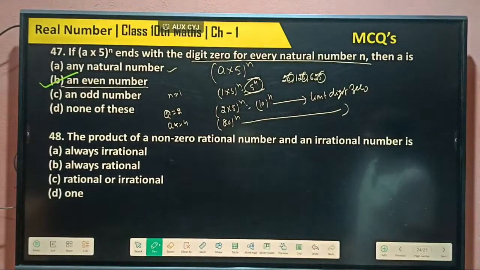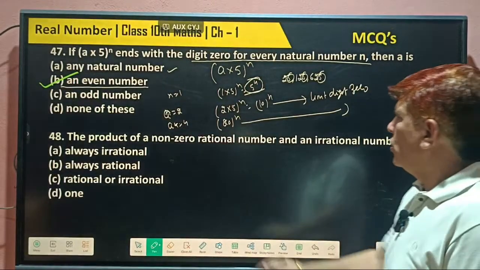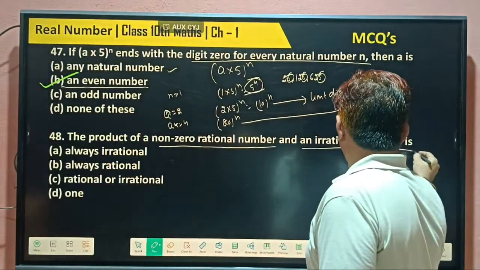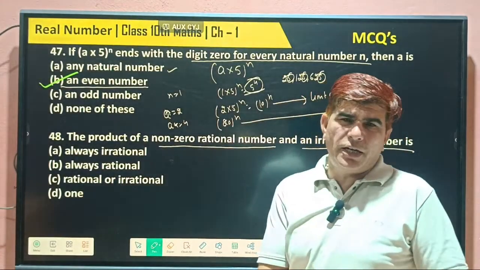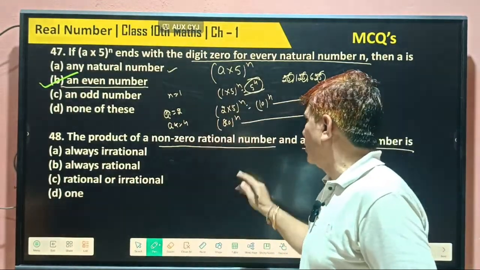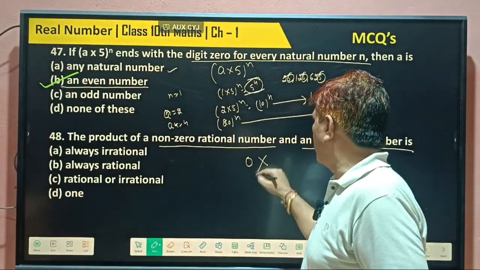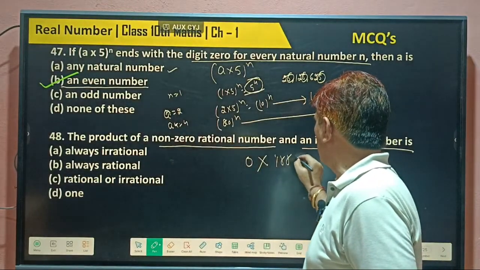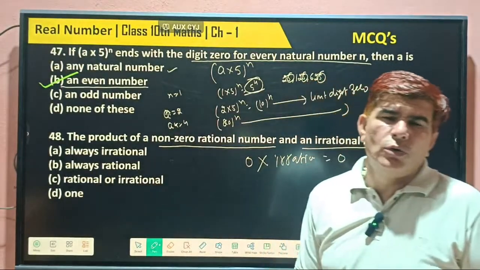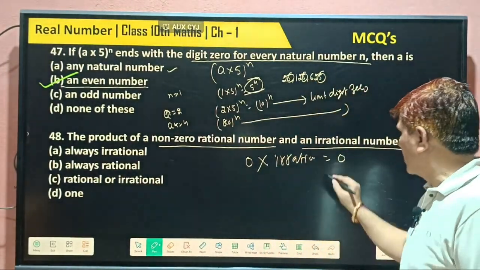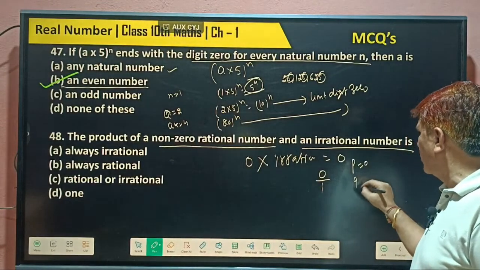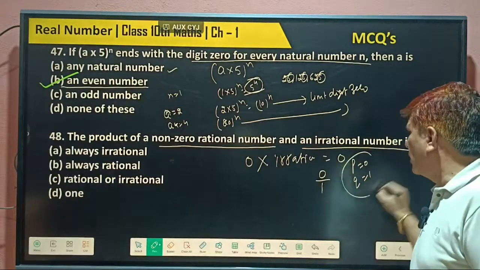Next one: the product of a non-zero rational number and an irrational number. The product of a rational and an irrational is always irrational, but that needs non-zero. If you multiply zero with an irrational number, it equals 0. And 0 is a rational number. Why? We can write 0 as 0 by 1, so p equal to 0, q equal to 1, and both are integers.